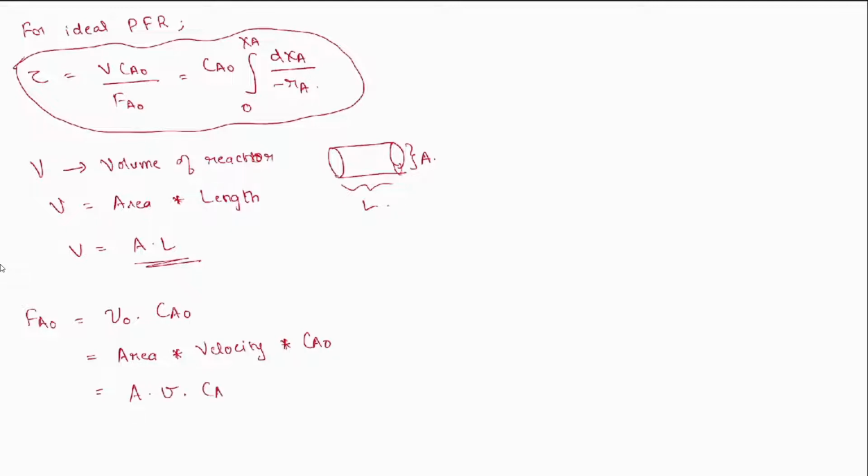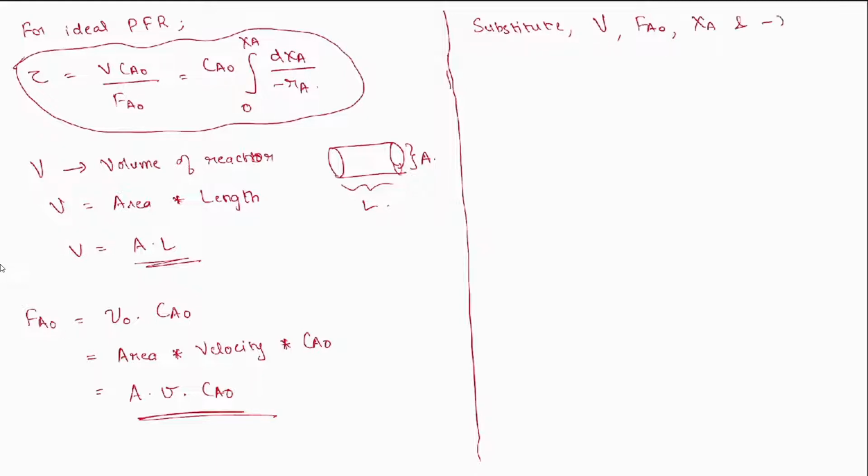So that means FA0 is equal to A into v into CA0, where the small v is the velocity and A is the flow area or the cross-sectional area. Now we just have to substitute the new forms of these terms in the design equation. So we'll substitute for V, FA0, XA and minus RA in the design equation for PFR.